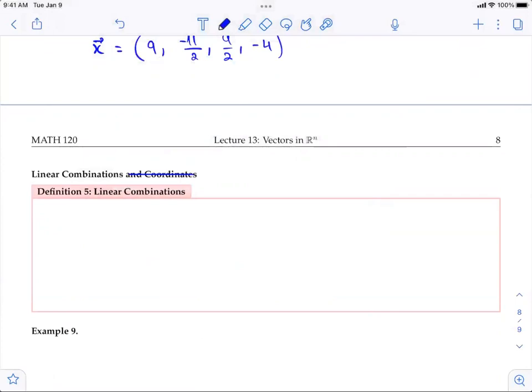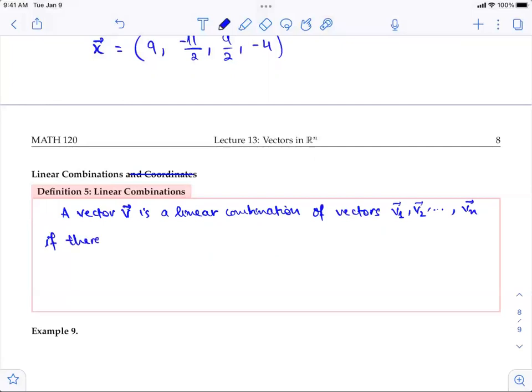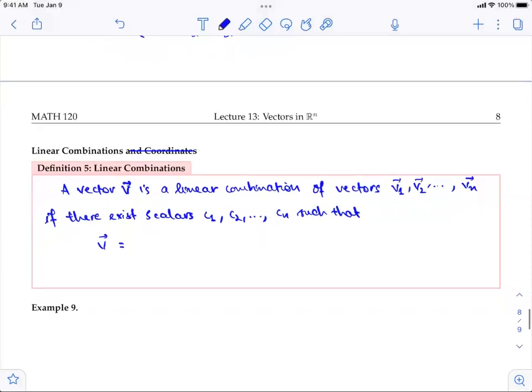All right, linear combinations. A vector v is a linear combination of vectors v1, v2 up to vn if there exist scalars c1, c2 to cn such that v can be written as c1 times v1 plus c2 times v2 plus up to cn times vn.